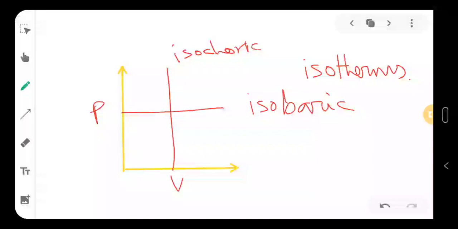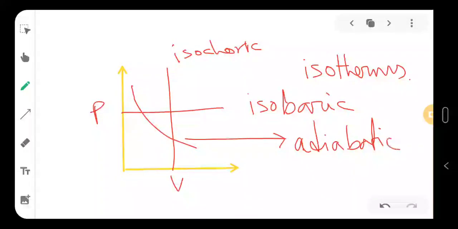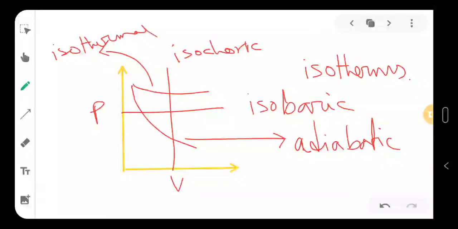If I put a line like this, that will be your adiabatic process. And if I put a line like this, that will be your isothermal process.